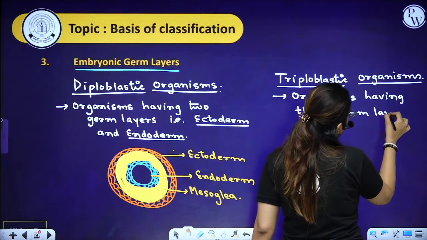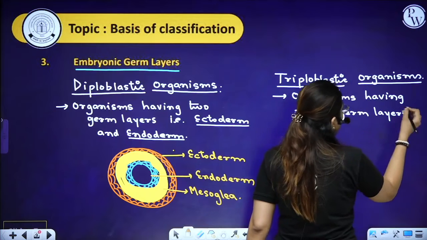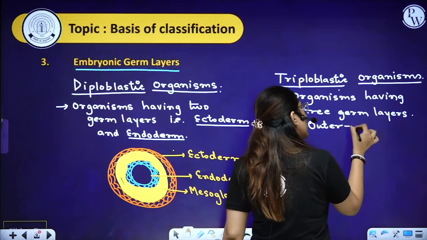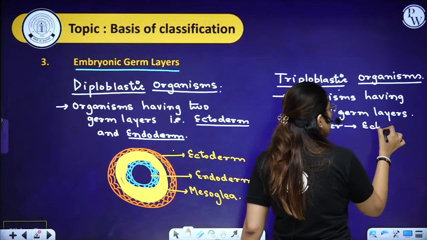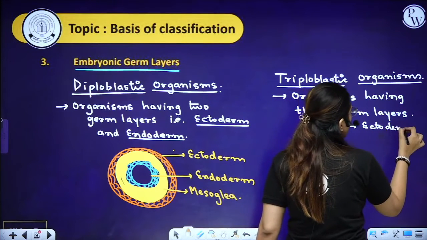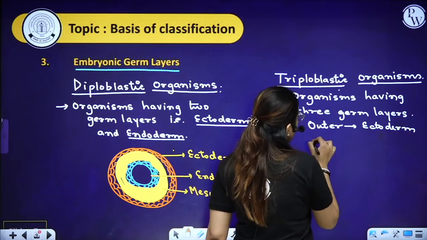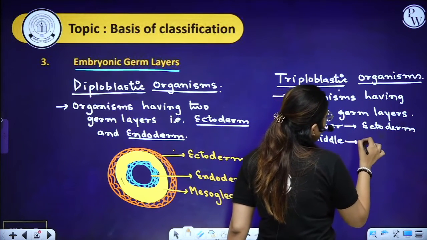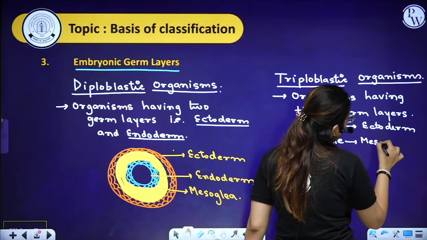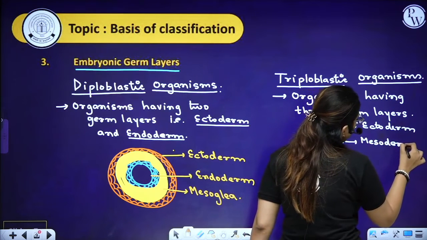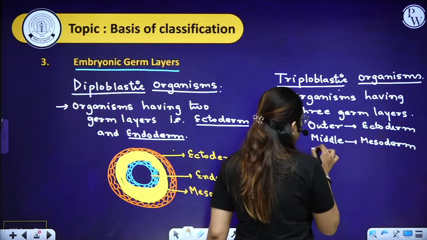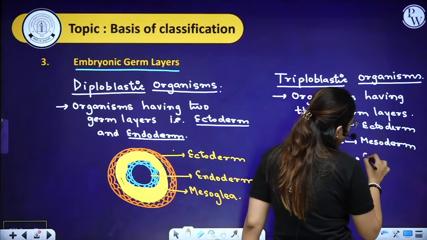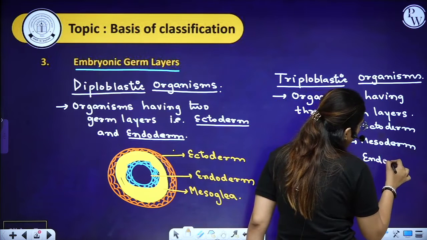Right? So the outer layer is termed as ectoderm, whereas the middle layer will be termed as mesoderm, and the inner layer is termed as endoderm.